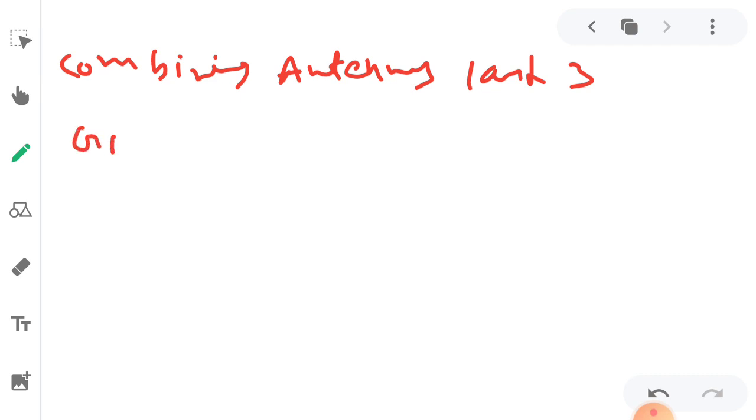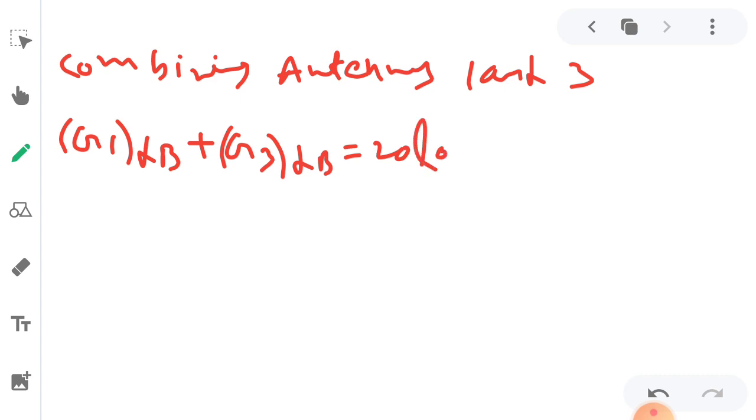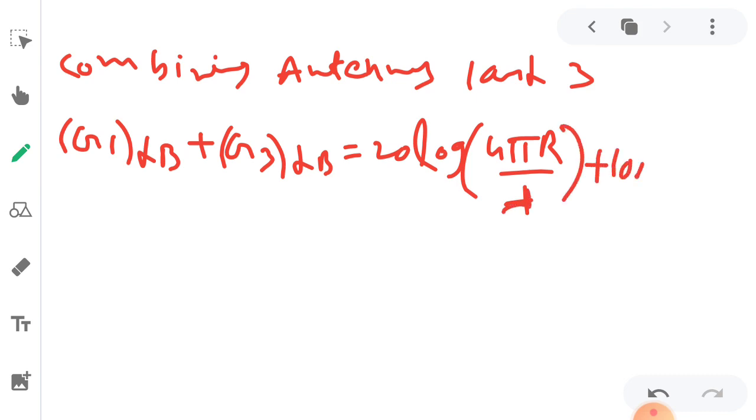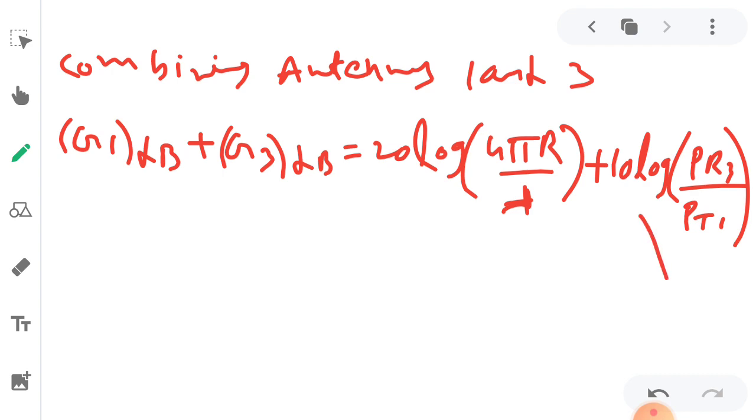So we get G1 in decibels plus G3 in decibels is equal to 20 log of 4 pi r by lambda, plus 10 log of PR3 by PT1, with one considered the transmitter and the other the receiver antenna. So here we get equation number 3.